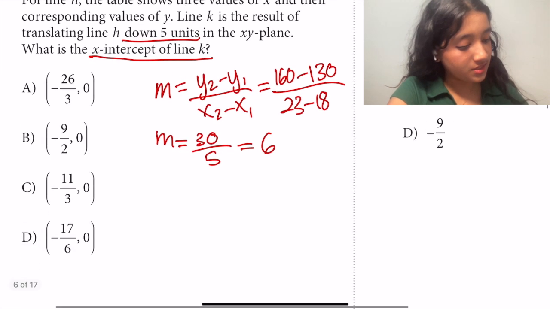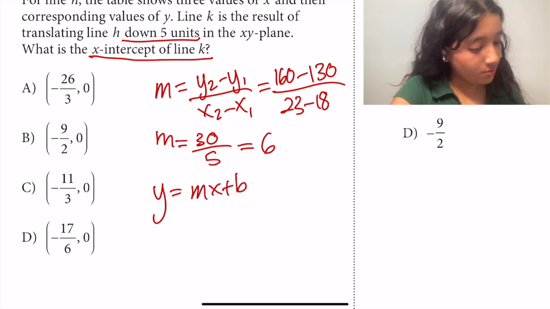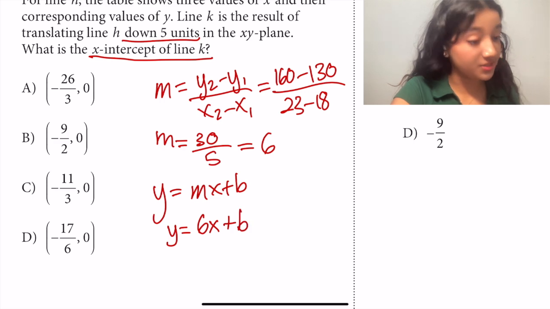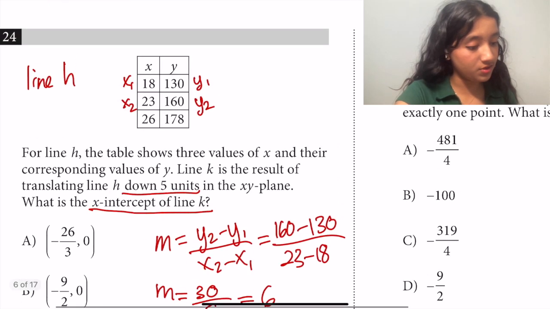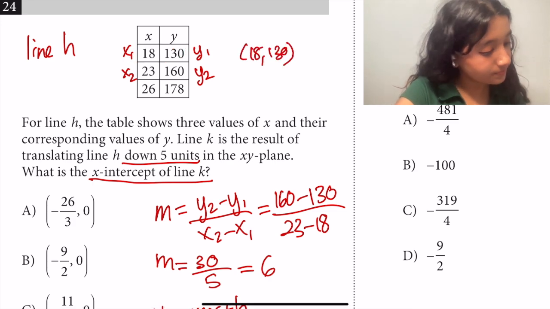And I think it'll be easiest to use the form y equals mx plus b in this case. So we know that m is equal to 6 because we just solved for the slope. And then we'll keep plus b, and we can solve for b by using our point. Let's use our first point, 18, 130.